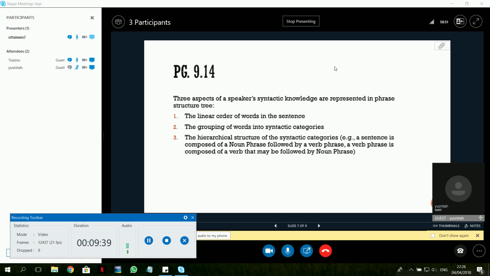Jadi sekalipun misalnya we omit all of the function word, we still get the meaning. Child put puppy garden. Then when we add the function word, it will have sense to us. The child put the puppy in the garden.